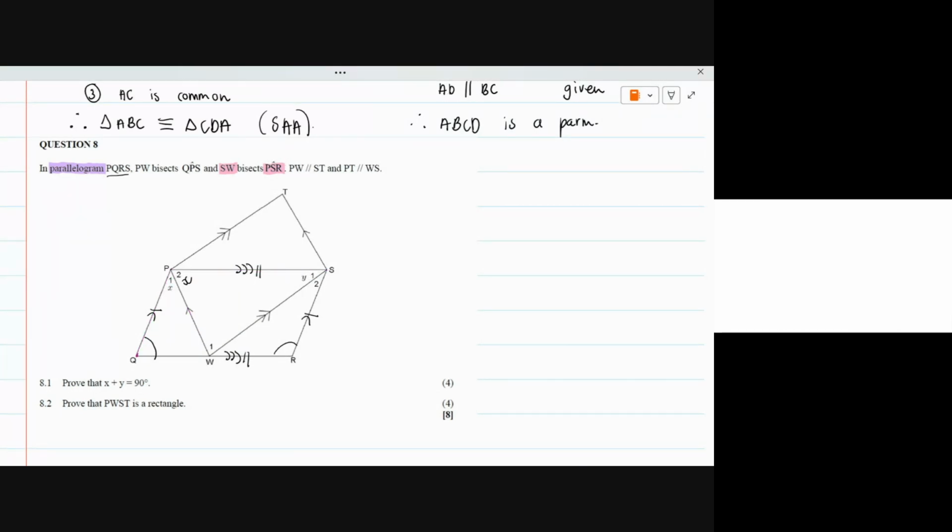Start at P, go to S, go to R. The little cap is on S, so this whole angle has been bisected by SW. What does that tell us? It tells us that S2 is equal to S1. Good, Theo, which means that S2 is also equal to Y. They're both equal to Y.